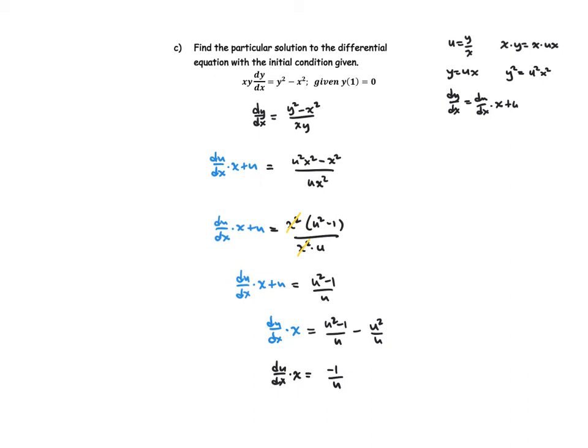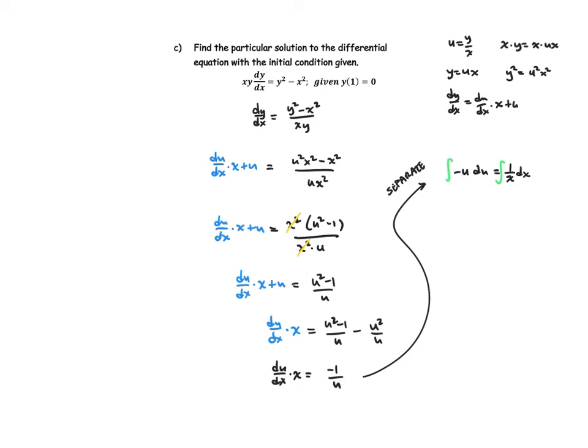Yep, I think we're good. So now we're separable. Let's separate the variables in terms of u and x. So I would have negative u du is equal to 1 over x dx. All right, time for some integration.